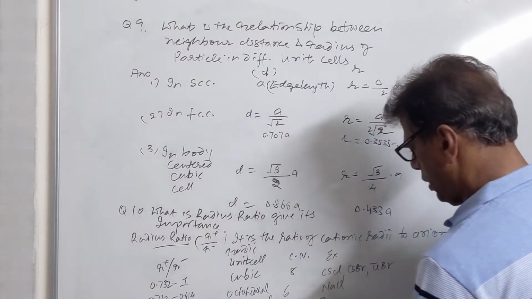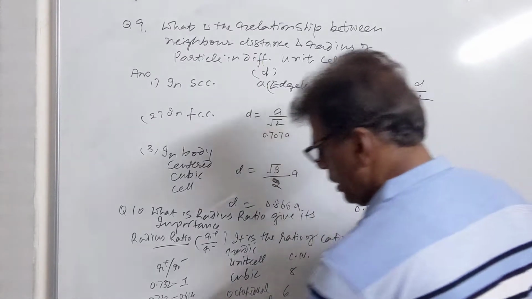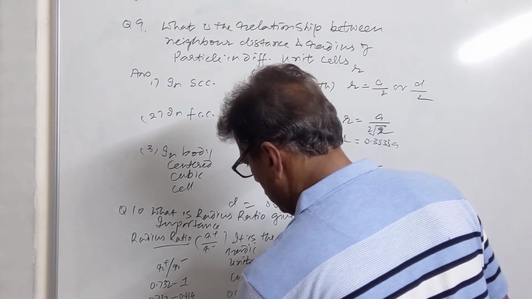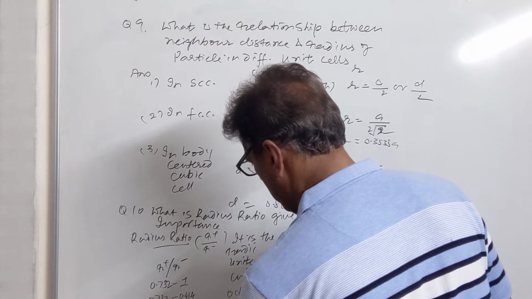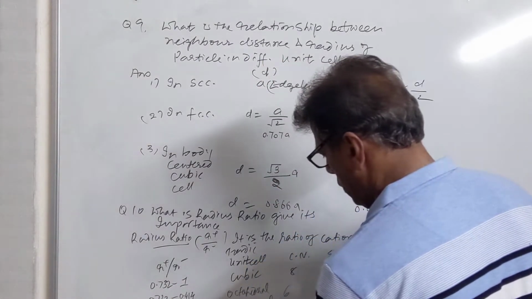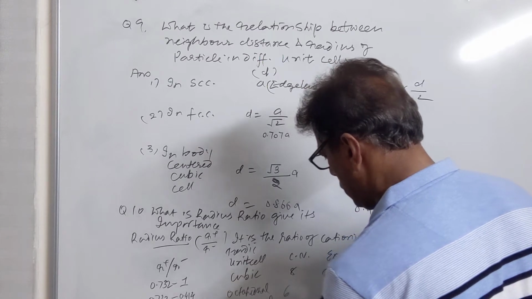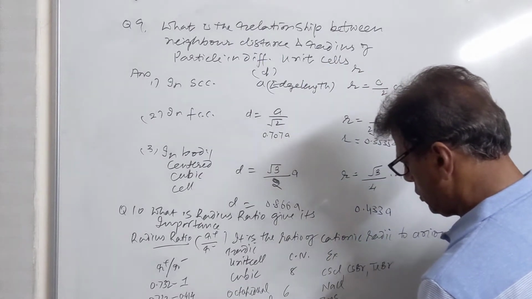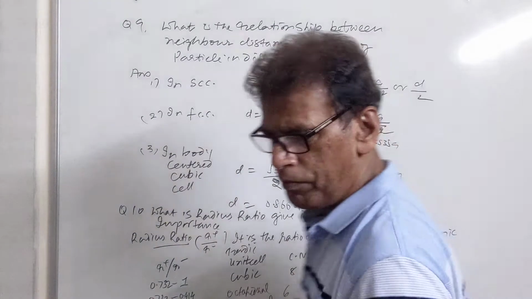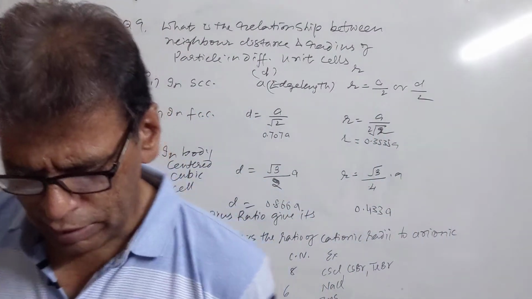Coordination number 4, example is ZnS. If this ratio comes between 0.225 to 0.155, then we have triangular arrangement of the particles. Coordination number 3, best known example is B2O3. So these are the examples.